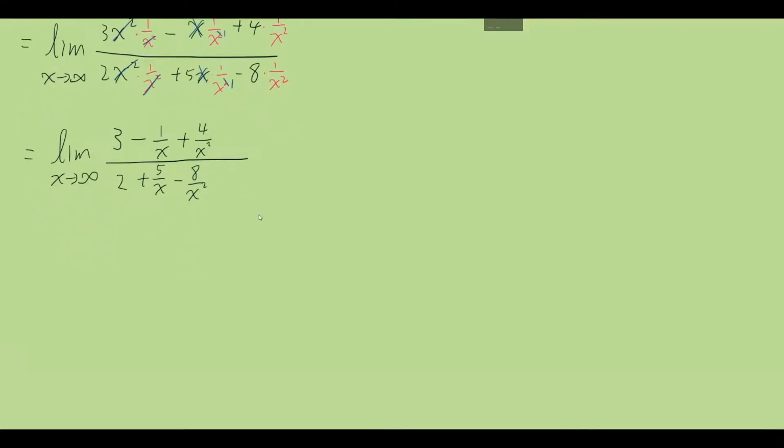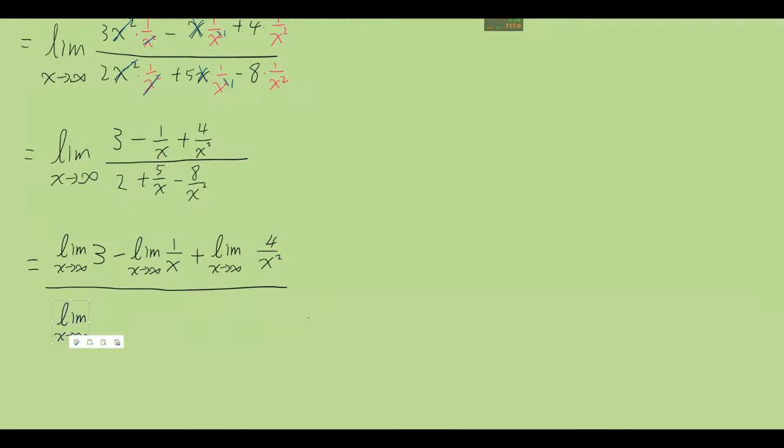I can break this down into the limit as x approaches infinity of 3, minus the limit of 1 over x, plus the limit of 4 over x squared, all over the limit of 2, plus the limit of 5 over x, minus the limit of 8 over x squared.